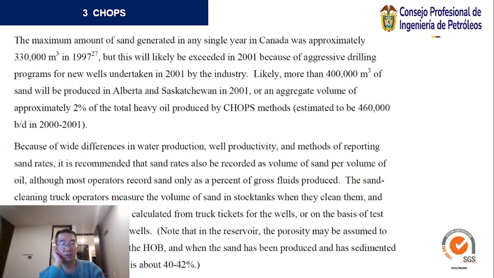Although most operators record sand only as a percent of gross fluid produced, the sand cleaning truck operators measure the value of sand in stock tanks when they clean them, and the amount of produced oil is calculated from truck tickets for the wells, or on the basis of test separator trials on individual wells.